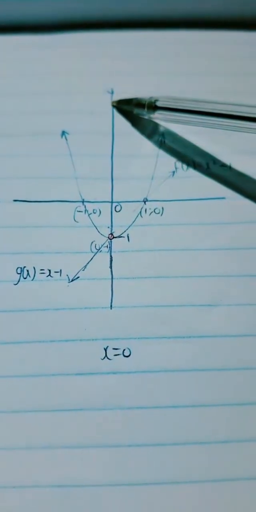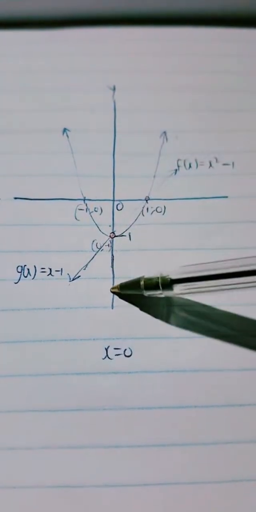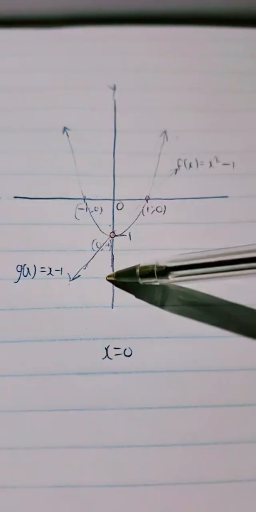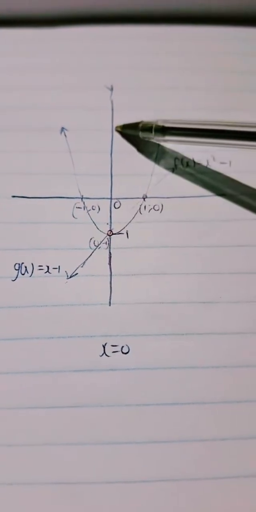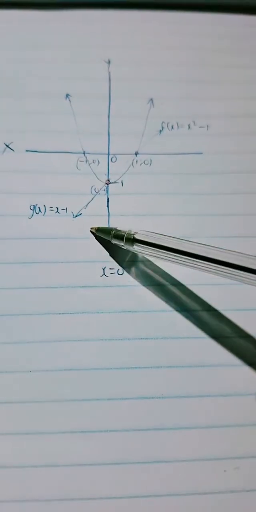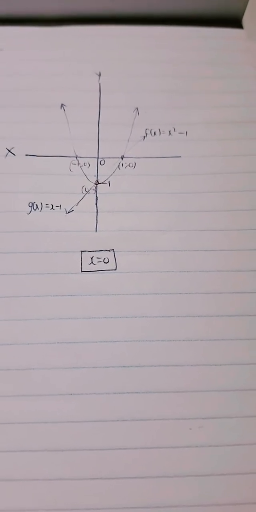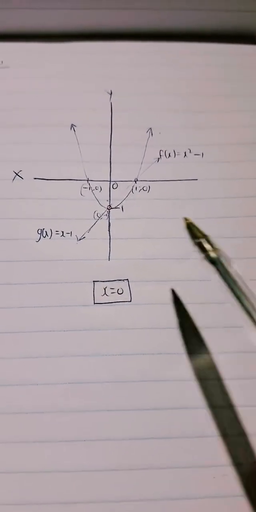It's because the function for your parabola in grade 10 is always symmetrical along the y-axis. So the equation of your axis of symmetry for the parabola is actually x is equal to 0. That is always the case in grade 10. Right? Yeah.